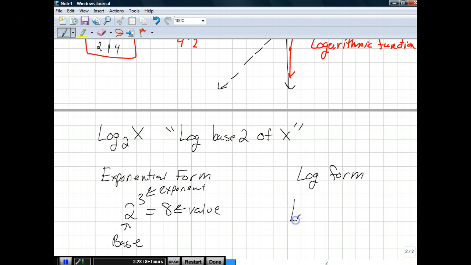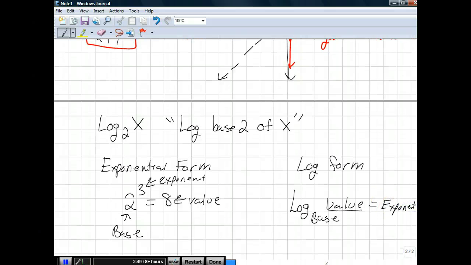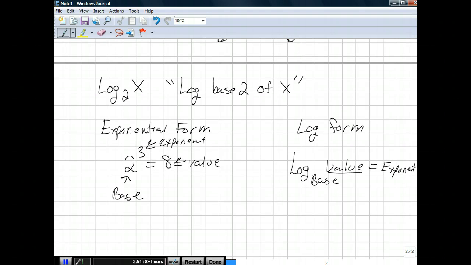Then it's log base, and notice the base is kind of a subscript, a little bit below, base of the value equals the exponent. Okay, so the inverse would be log base 2 of 8 equals 3.